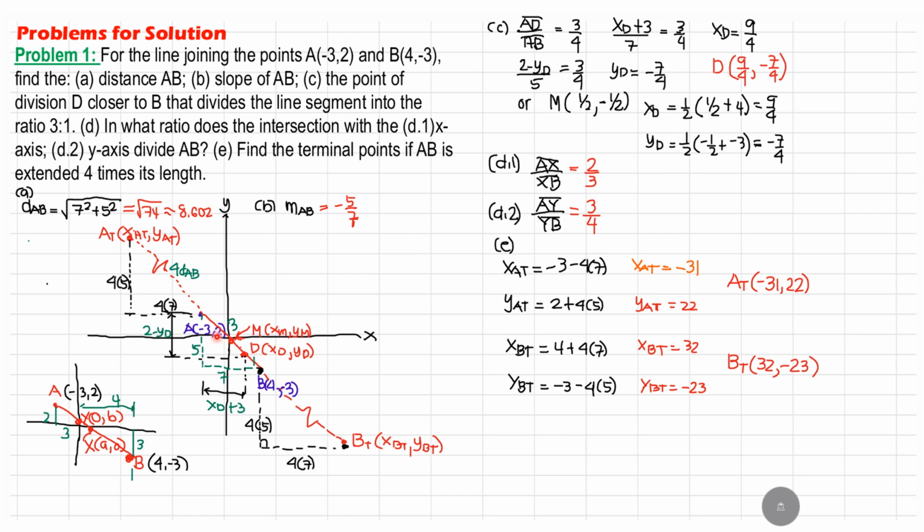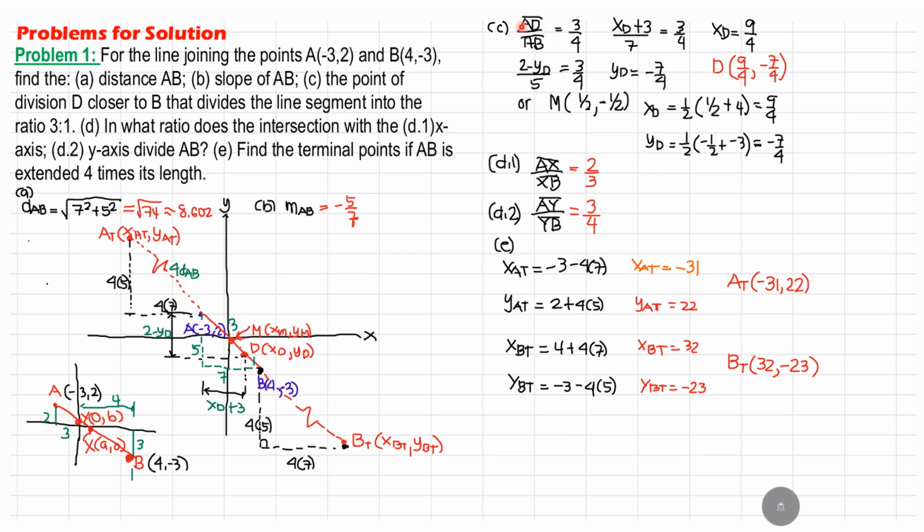That means the ratio of the length of line AD to the length of AB is 3 as to 4 parts, or 3/4, where 4 is 3 plus 1. So the ratio of AD to AB is 3 as to 4, 3/4.